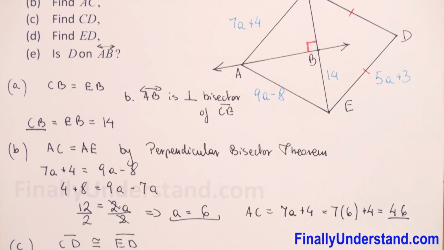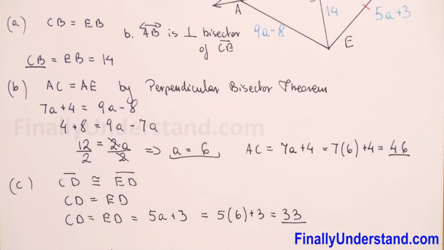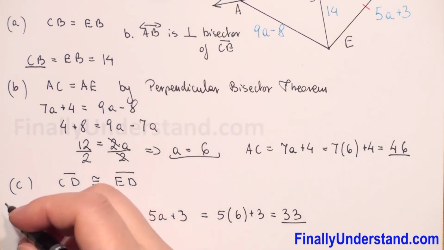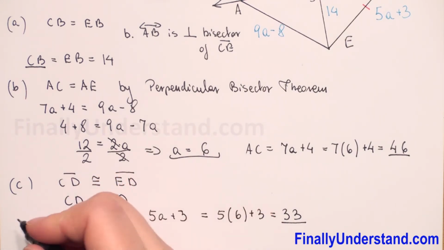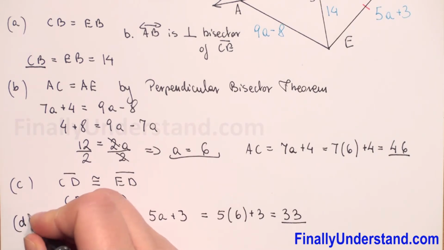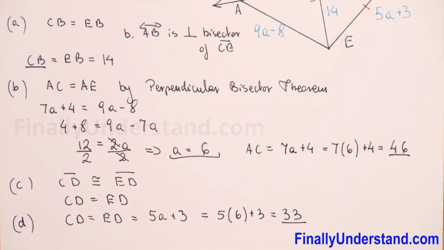But we already found that ED is equal to CD. So in question C, we found already answer to question D. So we have here answer to question D. We have CD and ED is equal and have 33.